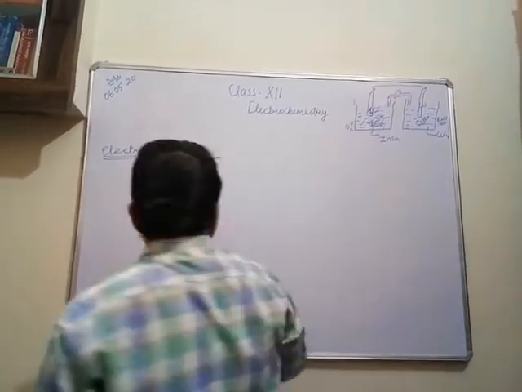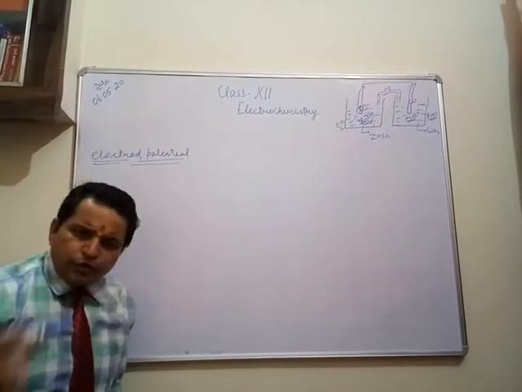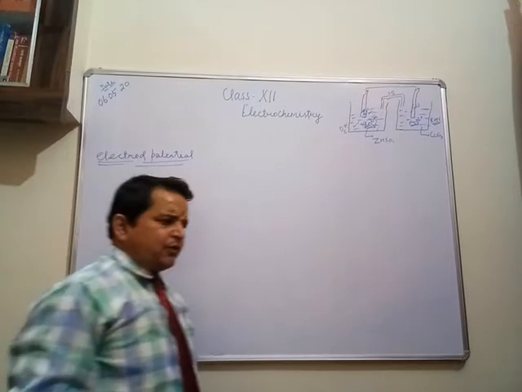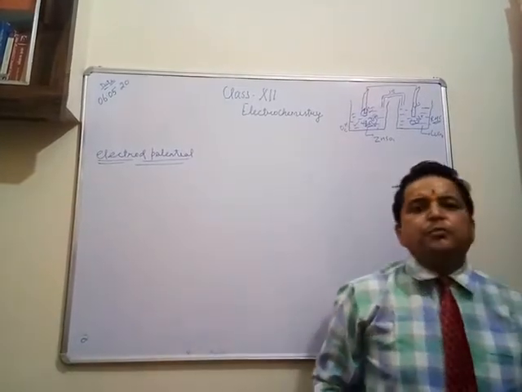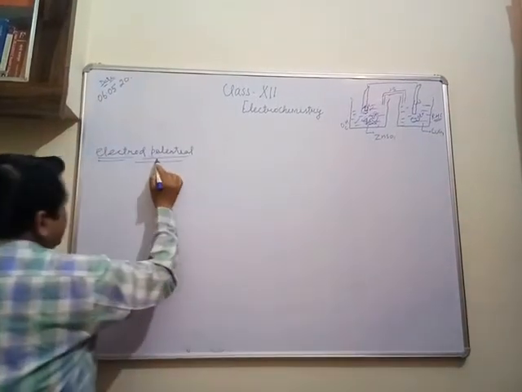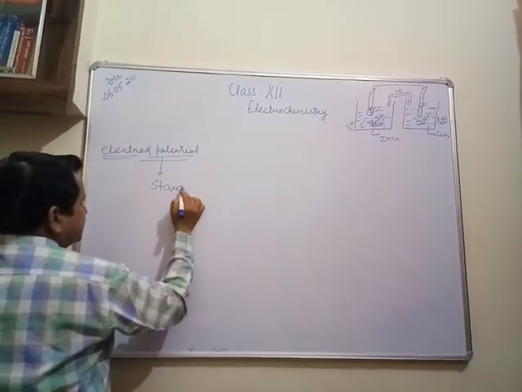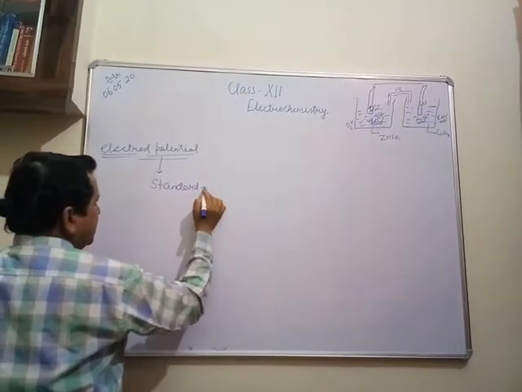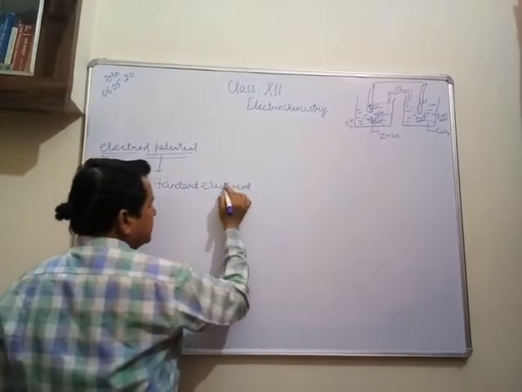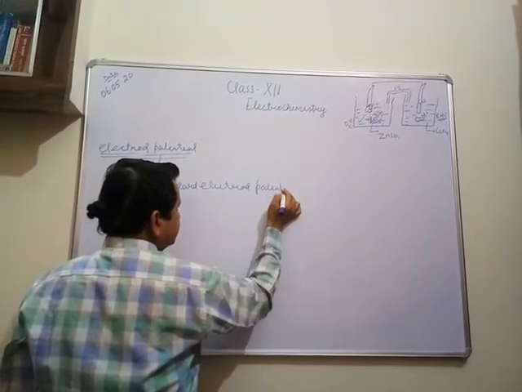So this particular property of any particular electrode, due to which it donates or gains the electron, is known as electrode potential. Now in this electrode potential, there is another term, standard electrode potential.